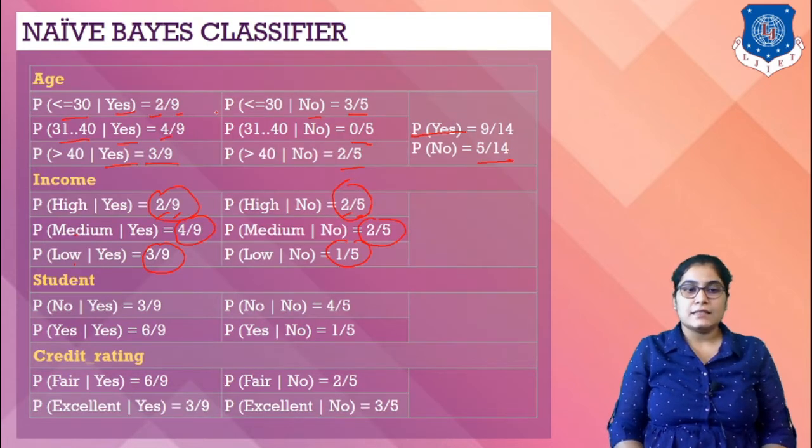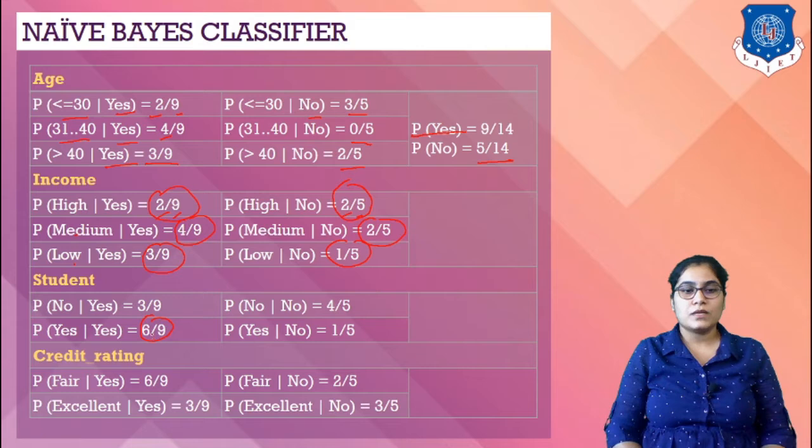We can see that a total of 6 tuples have a student value yes, and a total of 3 tuples have a student value no, and that is why the probability of student no and class label yes is 3 by 9, and the probability of student yes and class label yes is 6 by 9. We have to repeat the same step for the class label no, and we will get the answers 4 by 5 and 1 by 5.